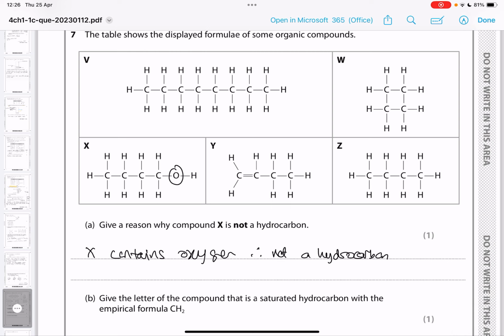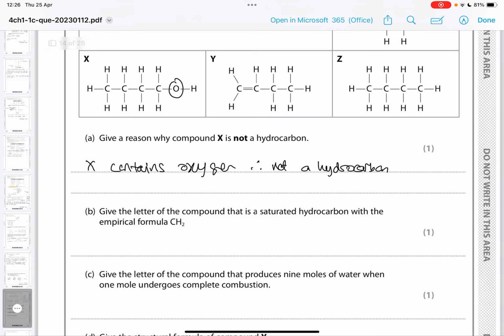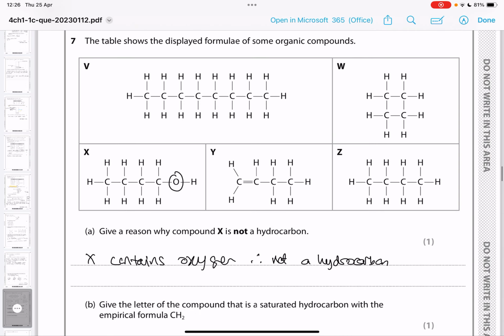Okay, next question. Give the letter of the compound that is a saturated hydrocarbon with the empirical formula CH2. If we work out the empirical formula of some of these compounds, this one has 8 carbons and 18 hydrogens.